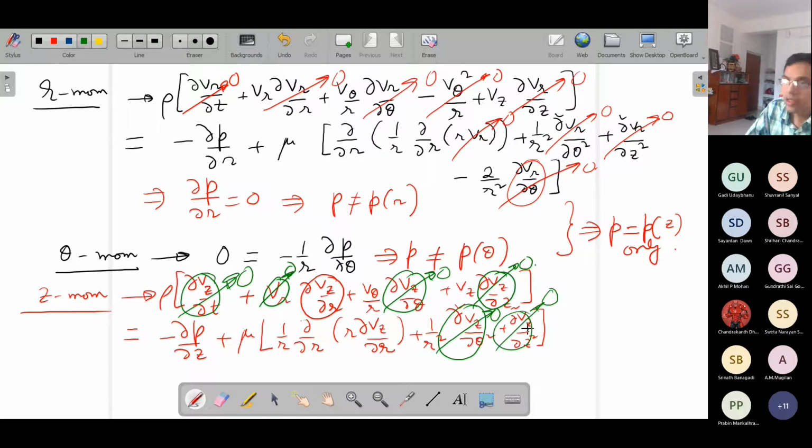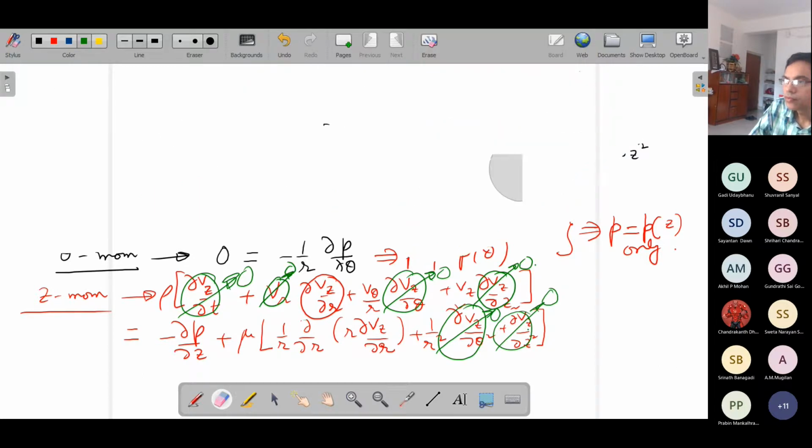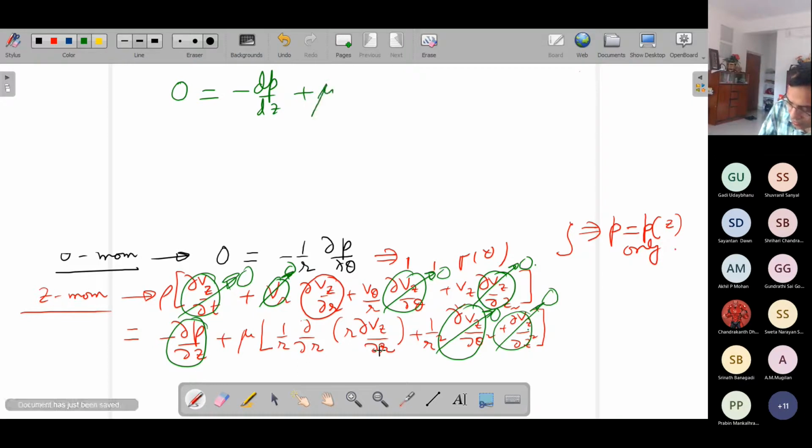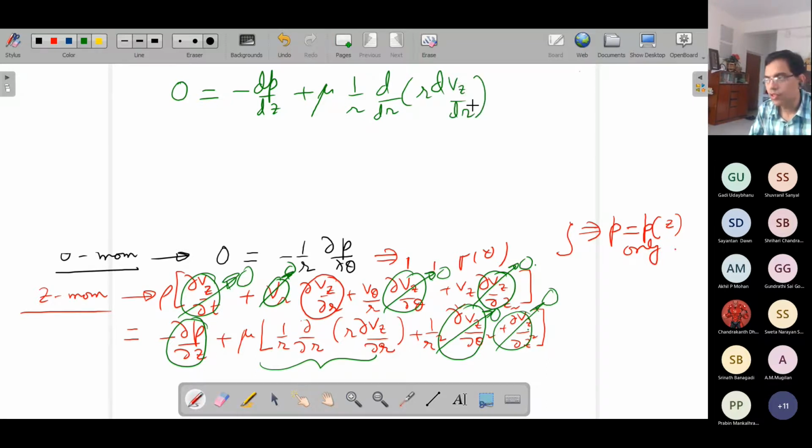So we are left with 0 is equal to, now p is a function of z only, so minus dp dz plus mu, and Vz is a function of r only, so we'll write it by ordinary derivative, 1 by r d/dr of r dvz dr. Okay, so this is what we can write.